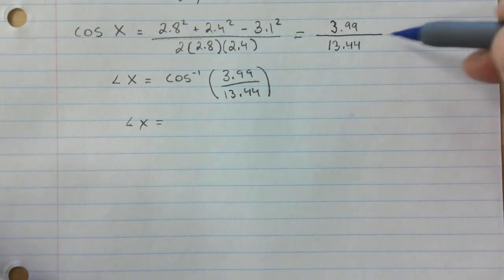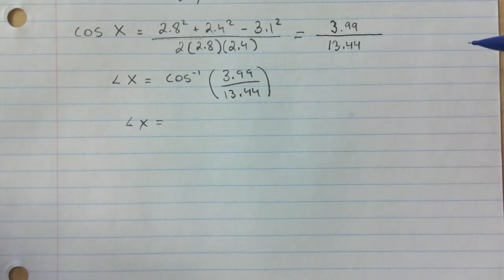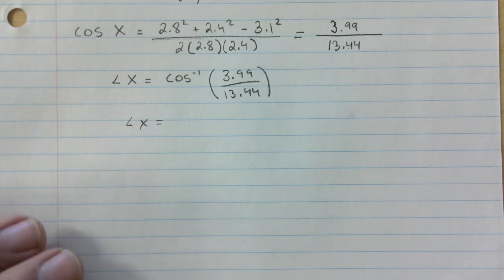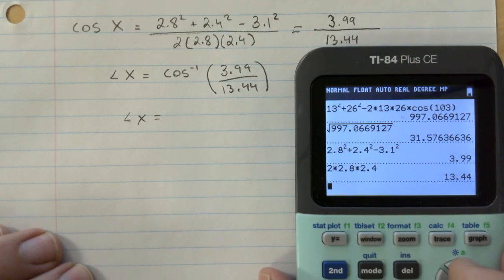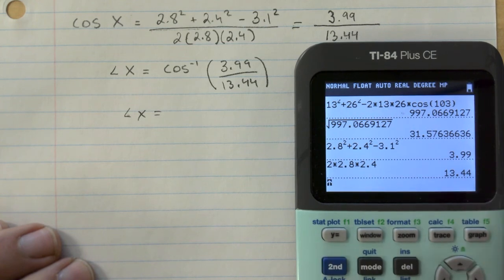Can I divide this and just go 0 point something something? Yes, you can. It's really up to you. But watch what I'm going to do here. Second, cosine. Make sure you use cosine, not sine. I have some students, beautiful work, everything is perfect, but then at the very end you use sine instead of cosine. So you can go 3.99 divided by 13.44.